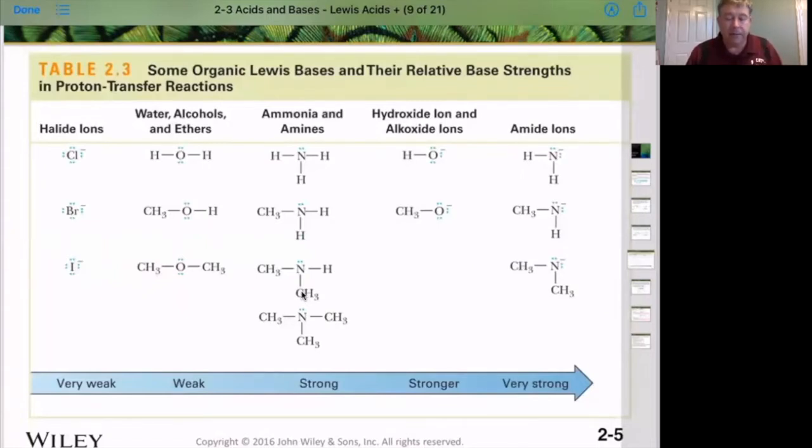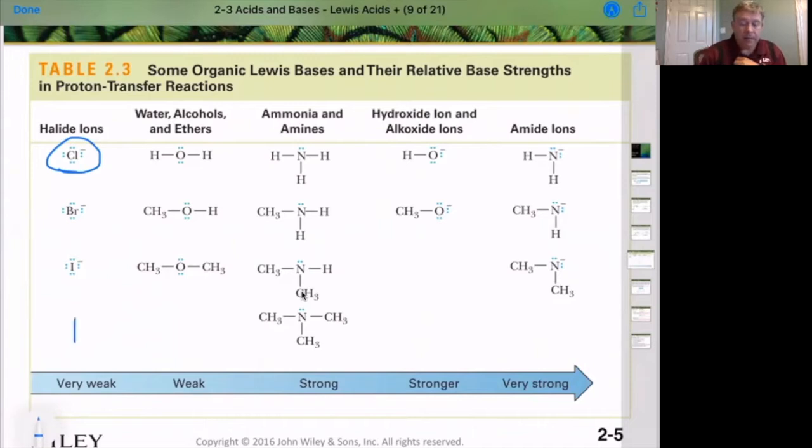Let's look at this one more time by looking at different Lewis acids and Lewis bases, specifically Lewis bases, and their relative strengths and proton transfers. Why do we look at the Lewis bases first? Because the Lewis bases are the ones with the lone pairs that are donated to create that new bond. Halide ions are Lewis bases because they have four pairs of electrons that they can donate to make that new bond.